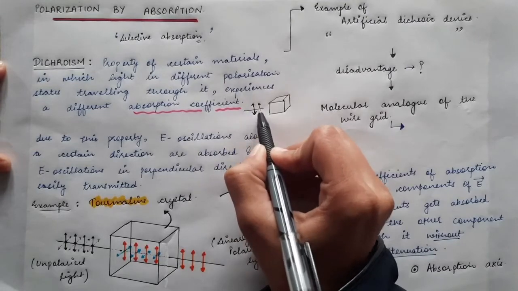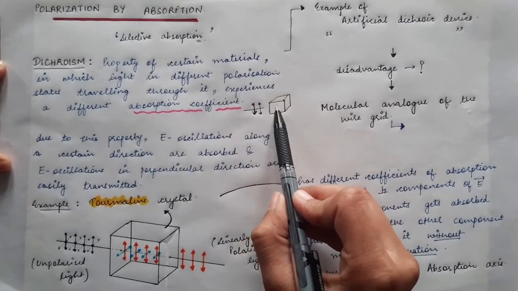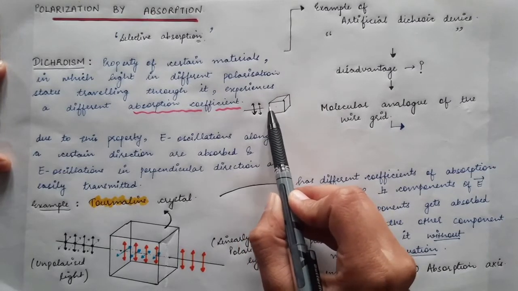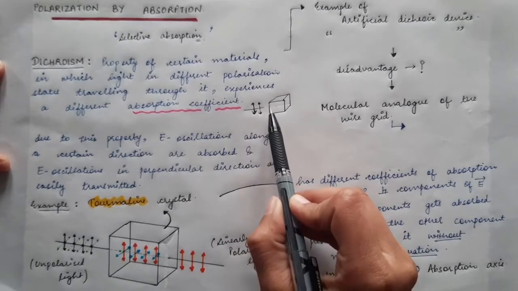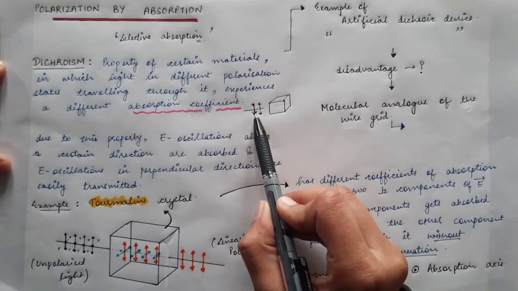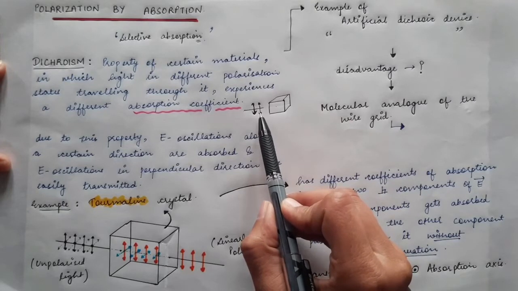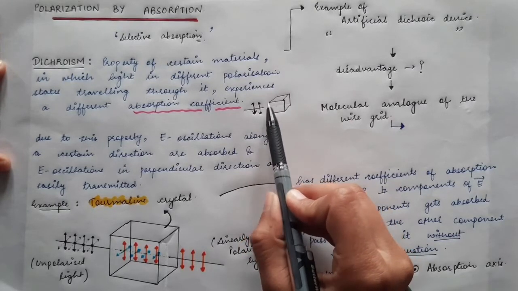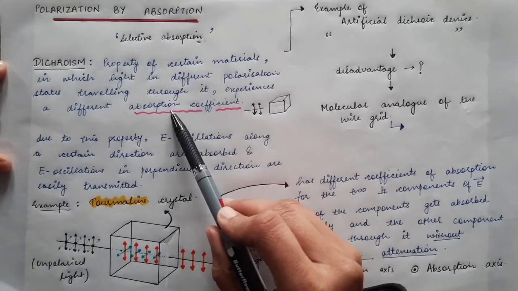The vibrations of the electric field are in the plane of the paper. When this light falls on and passes through this material, it will show one absorption coefficient, and the material will try to absorb these vibrations.